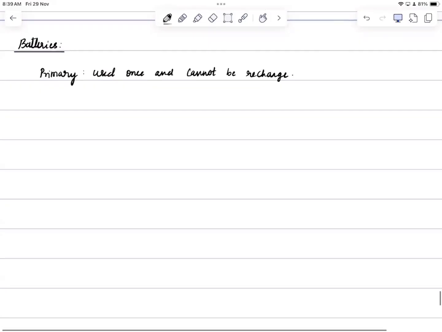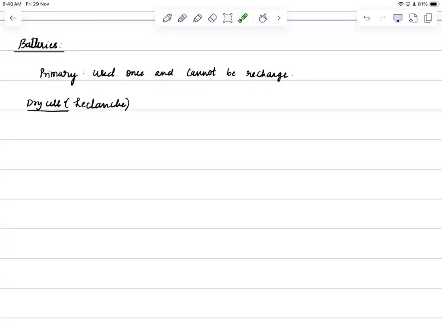One of the most commonly used primary batteries is the dry cell, which is also known as the Leclanche cell. I'm sure you must have read in the NCERT book.